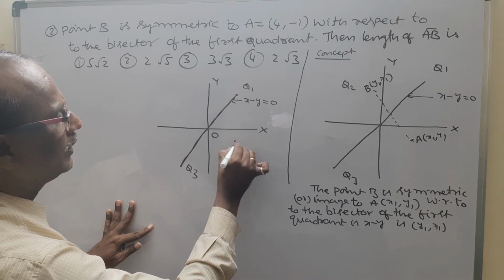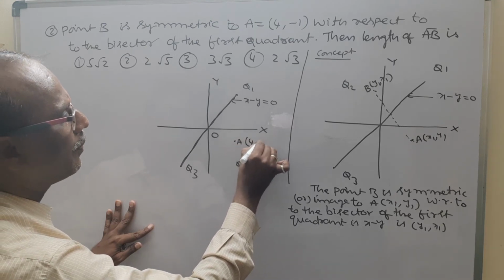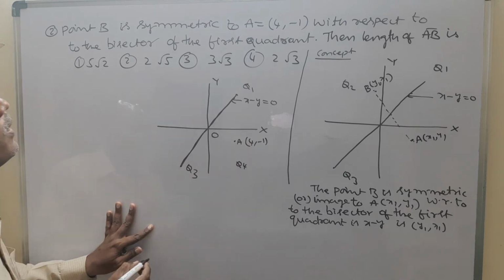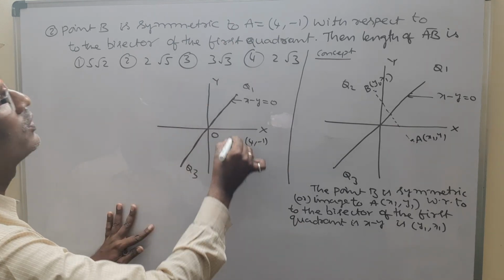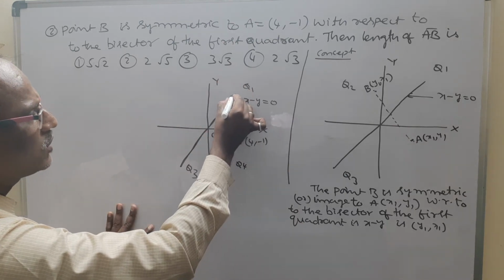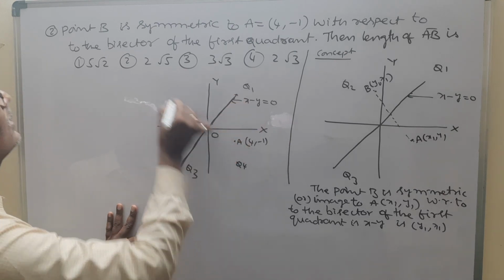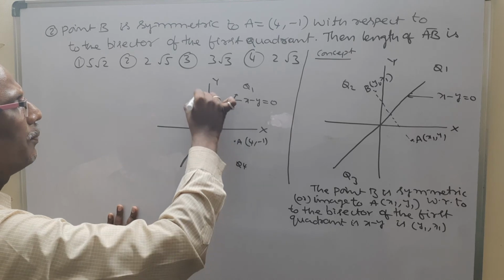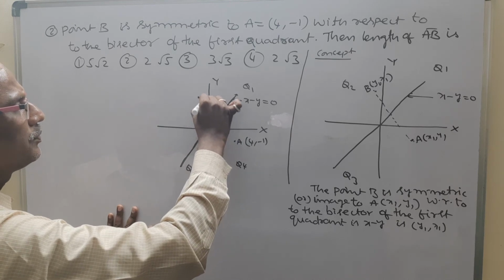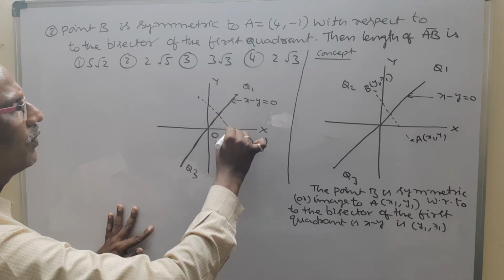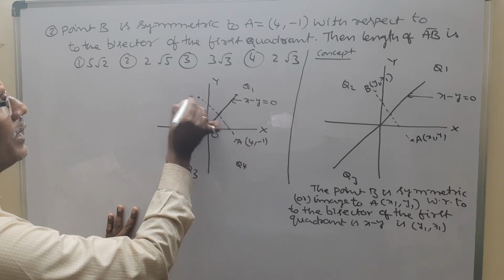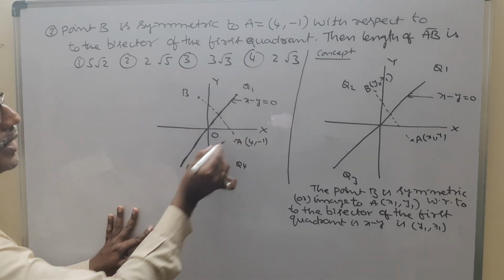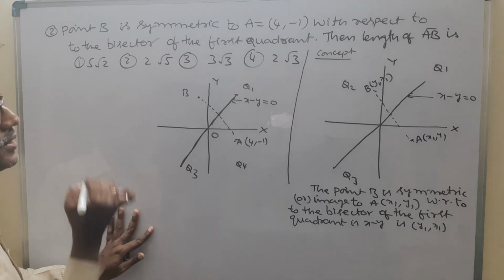To find B, the symmetric of A with respect to the bisector of the first quadrant line. Then B is the image of A. Symmetric means image.